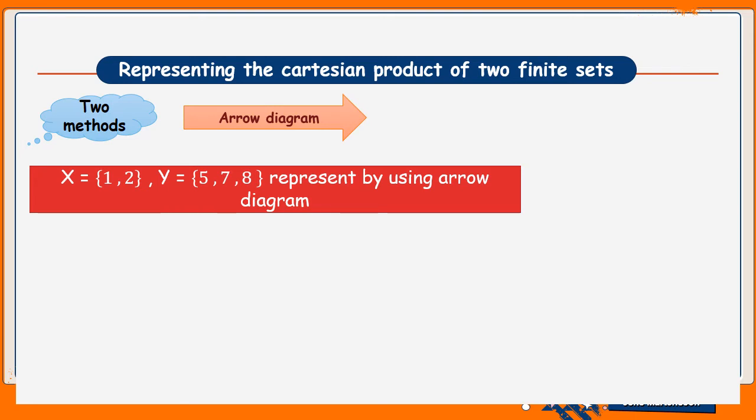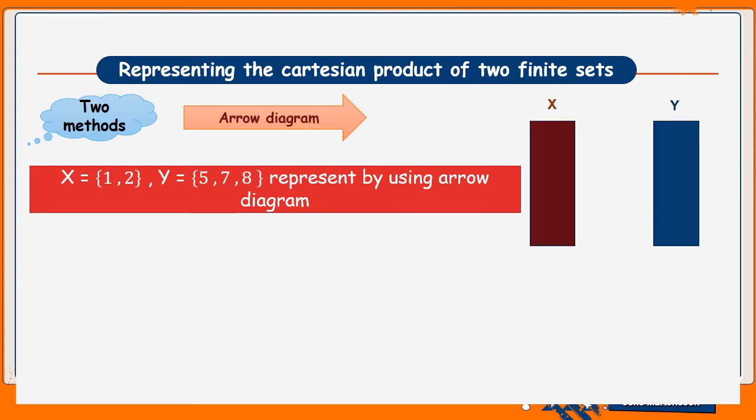We draw 2 frames, a frame for x and a frame for y, plotting 1 and 2 in x, and plotting 5, 7, and 8 in the set of y.